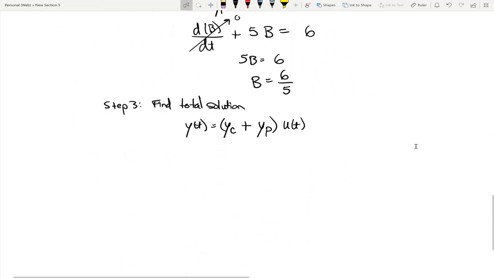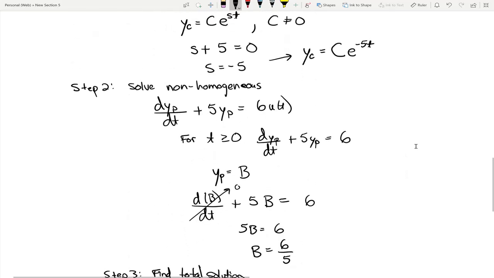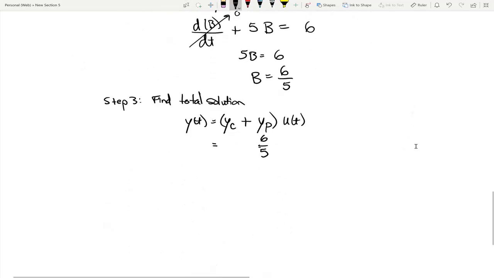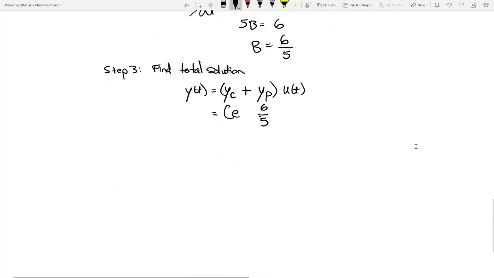So if that's the case, let's combine everything. So y sub p, I said, was 6/5. And I have my y sub c was this, c e to the negative 5t, all that times u of t. So at t equal to 0, y of 0 equals 3.